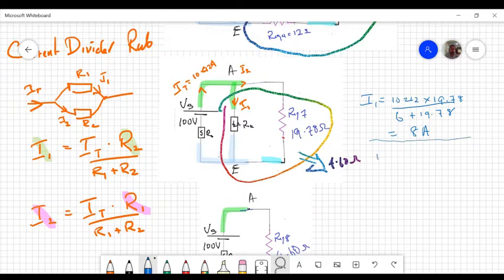So let's go find I2, and that will be 10.42 times, this time, 6 over 6 plus 19.78, and that is 2.42.